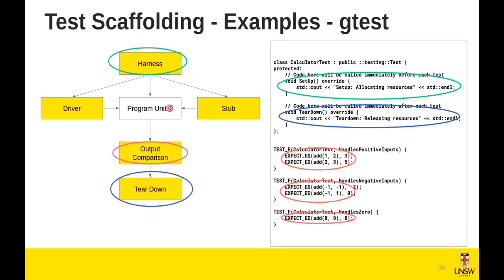And today we also learned about test automation and test scaffolding, because writing or designing the test inputs actually requires some kind of creativity. However, running those inputs, running those tests doesn't require that.